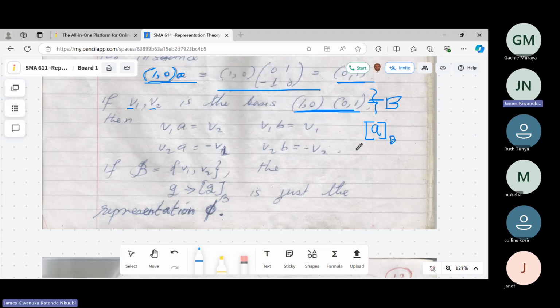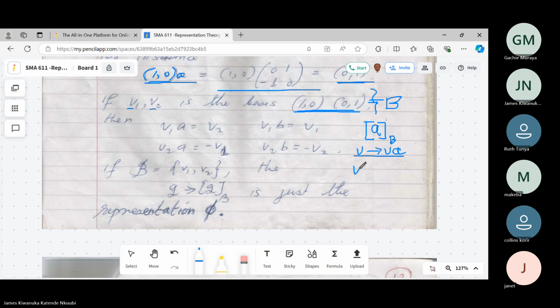So the map that we are going to consider is every element v will be sent to vA. So this is now the linear map, the endomorphism that we will be considering, whose matrix we are looking for. So to get the matrix, you need to get the images of the basis elements, right?